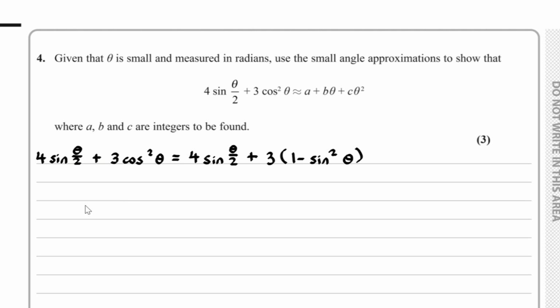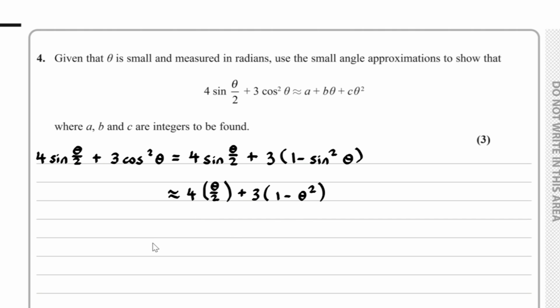And so if we use the small angle approximations, we have 4 lots of theta over 2 plus 3 lots of 1 minus theta squared. Of course, sine of theta over 2 is approximately theta over 2, and sine squared theta is approximately theta squared.